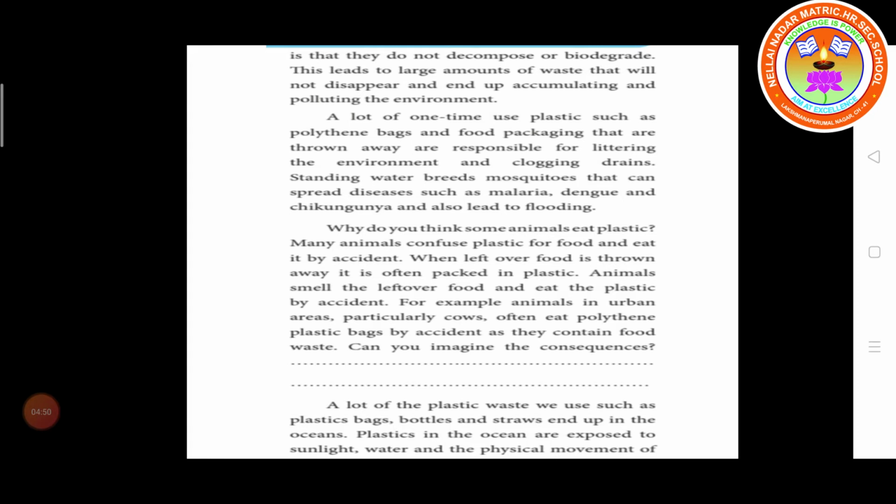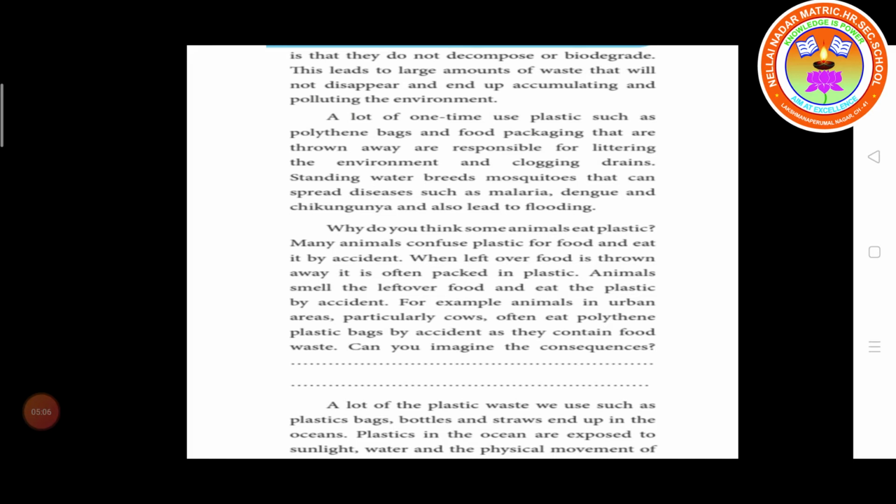A lot of the plastic waste we use such as plastic bags, bottles, straws end up in the ocean. Finally, they end up in the ocean.